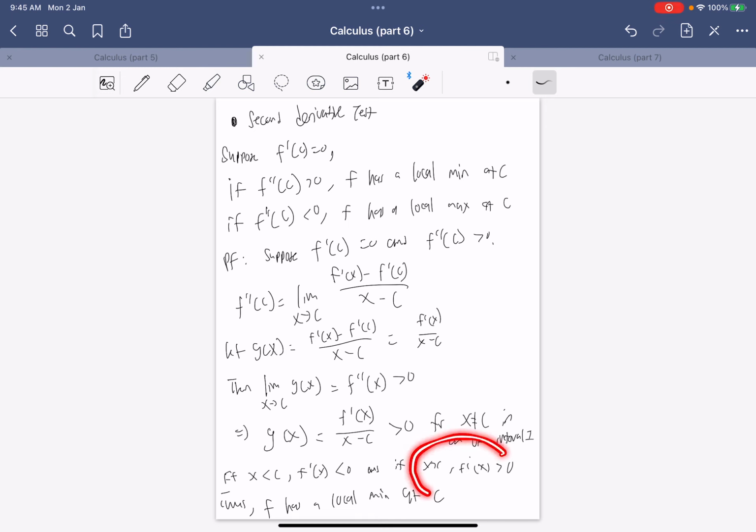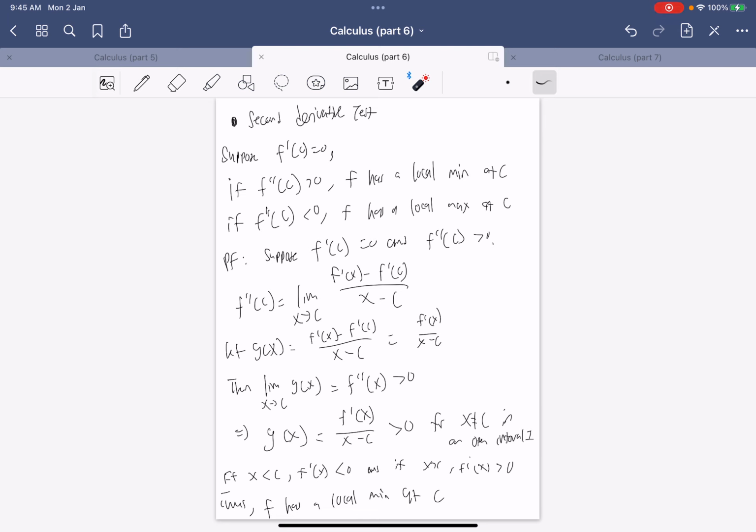Because if x is greater than c, then f'(x) is larger than 0. So it changes from decreasing to increasing, and hence f has a local minimum at c. The same proof goes for the other one, the negative second derivative, to prove that it's a local maximum.